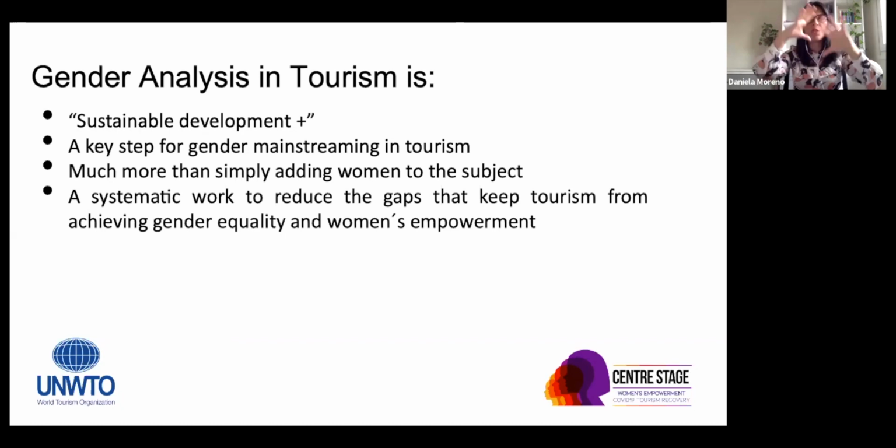To be able to mainstream gender equality in tourism, we need many kinds of gender analysis in tourism development, and the rapid gender assessment is one of the pieces of all this process, right?